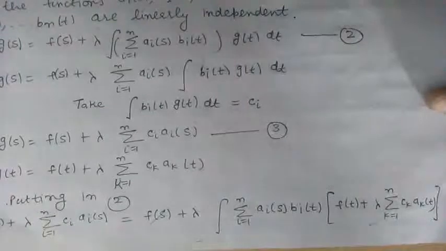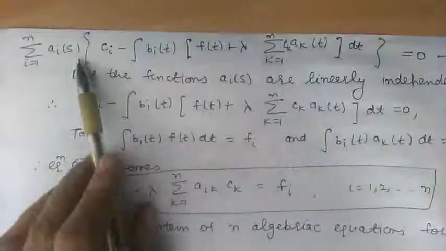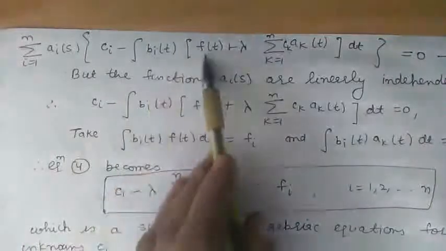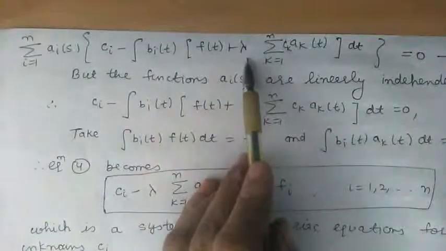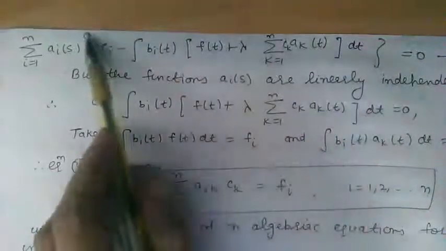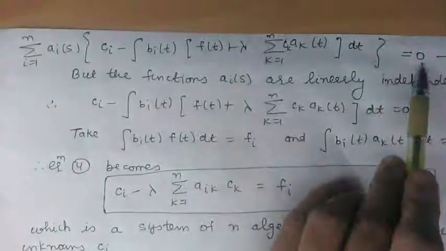Now we collect the terms with ai(s) on one side of this equation. So we get the equation summation ai(s) times [ci minus integral bi(t) (f(t) + lambda summation ck ak(t)) dt], and this whole is equal to 0.